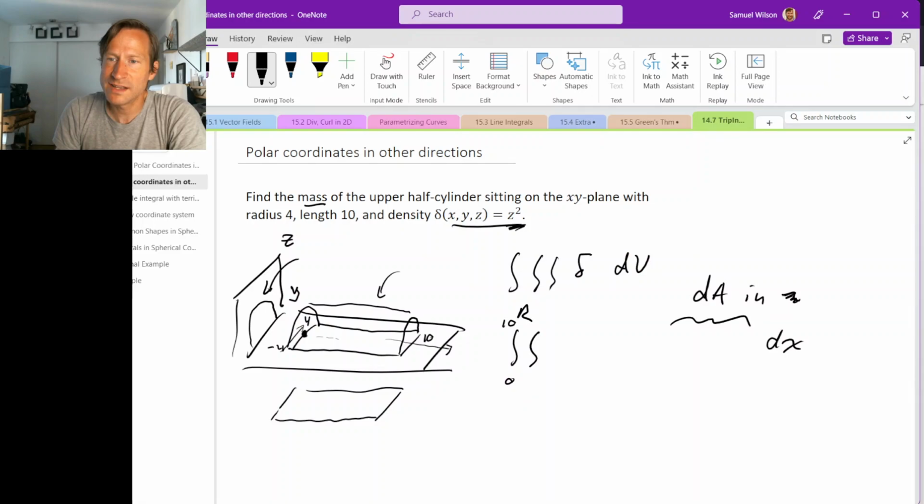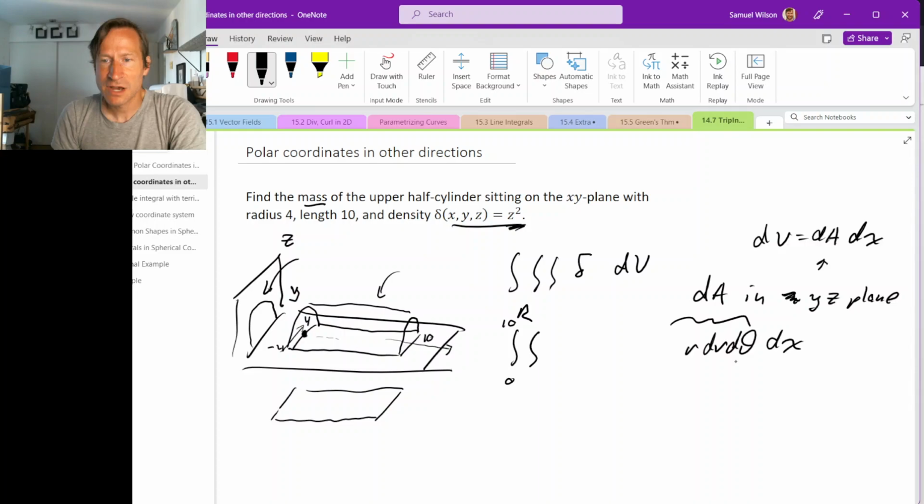Because dV is dA times dx if this dA is in the yz plane. And since we're using polar coordinates for the yz plane, dA is just going to be r dr d theta, of course. Okay, so now we need theta bounds.